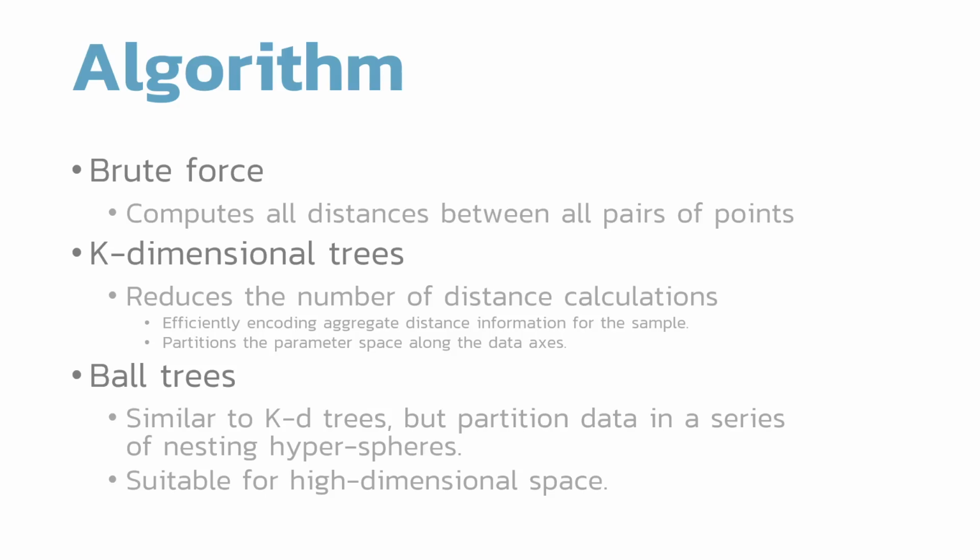You have a choice between computing everything to get the optimal one, or choosing the faster ones that might have some limitations. The default one, if I remember correctly, is probably ball trees, but I'm not 100% sure.